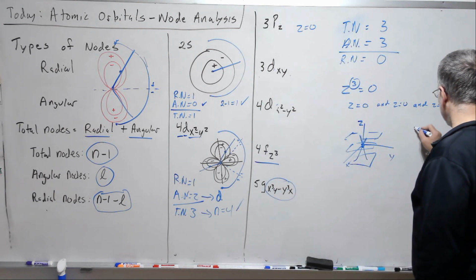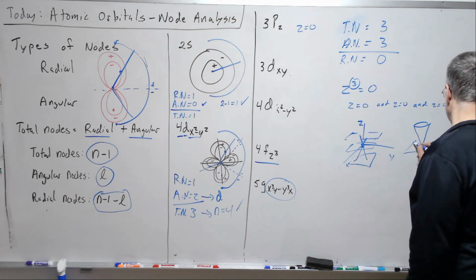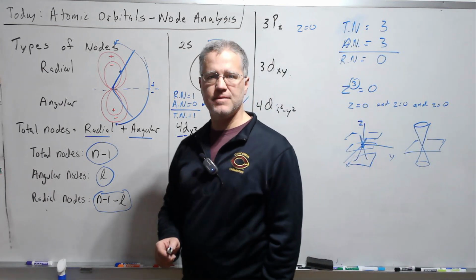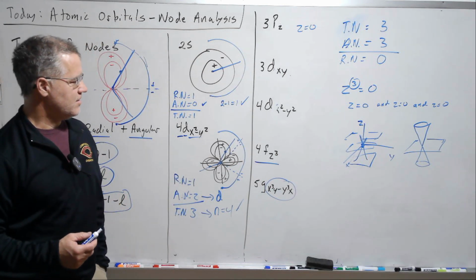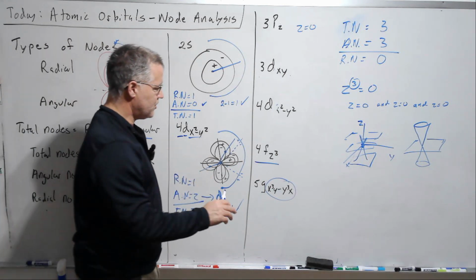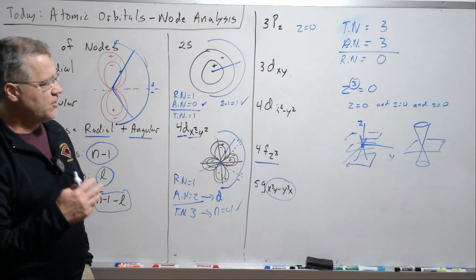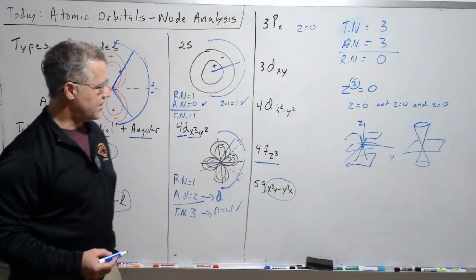a nodal cone, a flat plane, and then a nodal cone again. So if you're starting to see that you're not following here, not a huge deal. In terms of what you need to know now, you don't need to know the F's or the G's, but if you're interested in going further, this is the kind of thing that you think about.